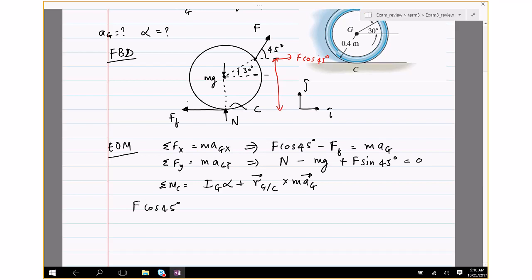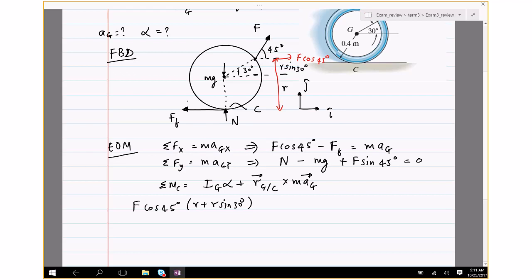So what's the moment arm? It's the vertical height I just showed. It is R plus R sine 30 degrees. So this is R, this is R sine 30 degrees.